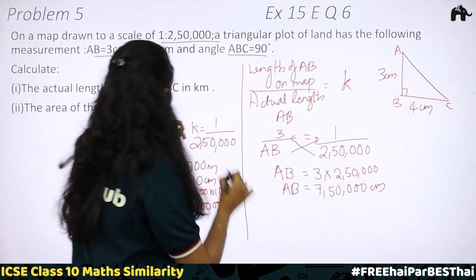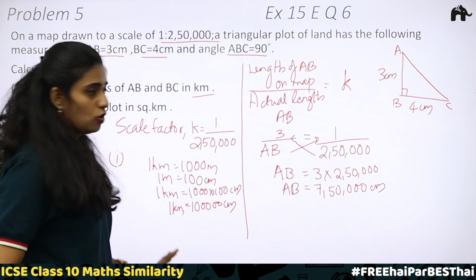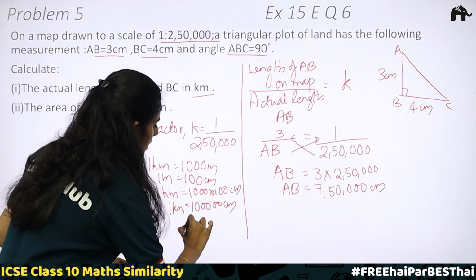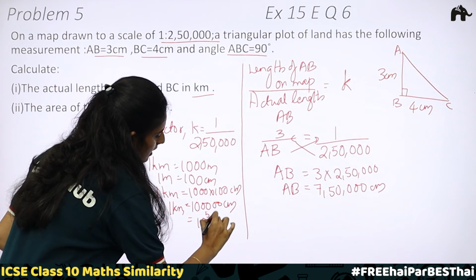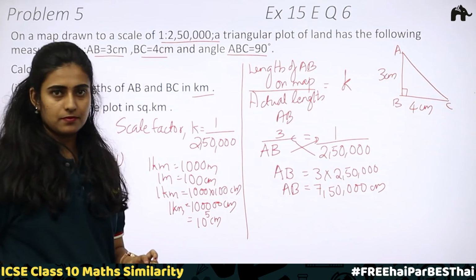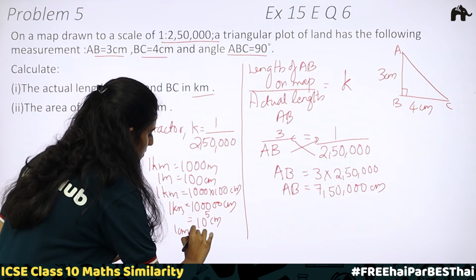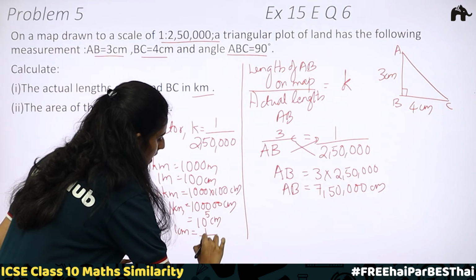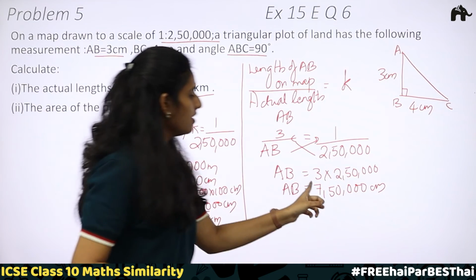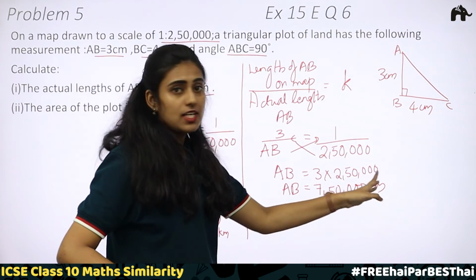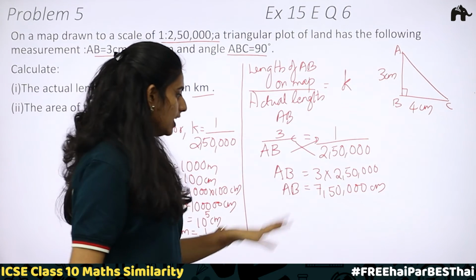We need the values in kilometer. How to convert to kilometer? We have 1 kilometer is equal to 10 raised to 5 centimeter. Then 1 centimeter will be equal to 1 by 10 raised to 5 kilometer. Here we have 7,50,000 centimeter. We have to convert the centimeters now into kilometers.